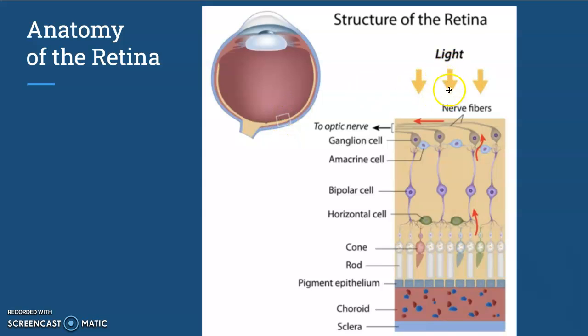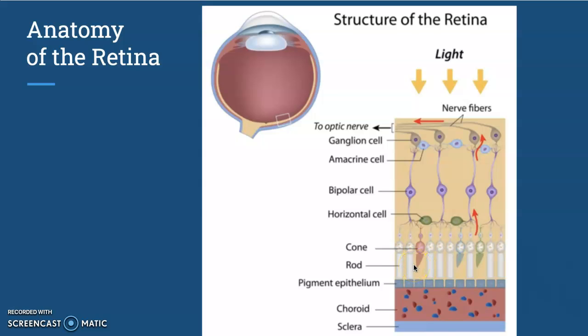The light is portrayed as being transmitted from the top here, but really light is first recorded and transmitted through the back of the eye, so through the sclera and choroid region, which is attached to the pigment epithelium. The pigment epithelium then branches off into layers of rods and cones that are interspersed between one another. You can see a cone here in between a few rods.